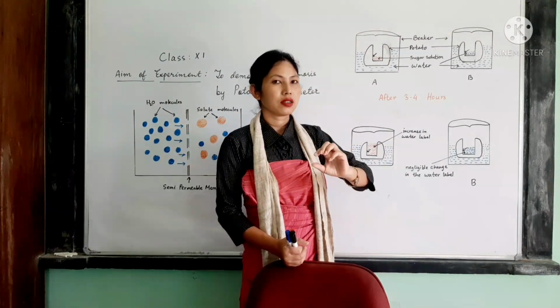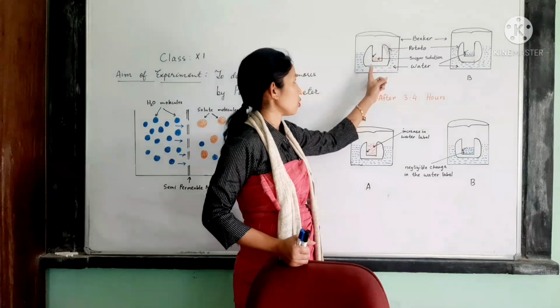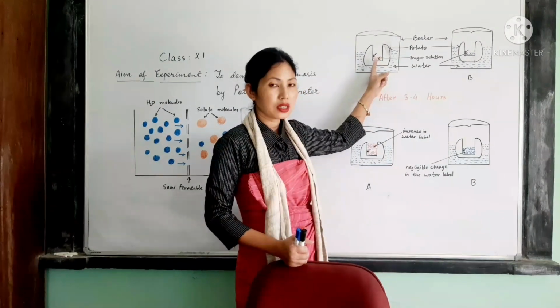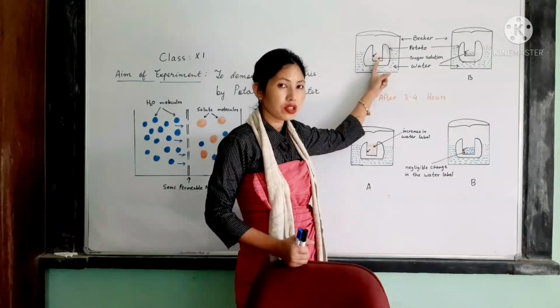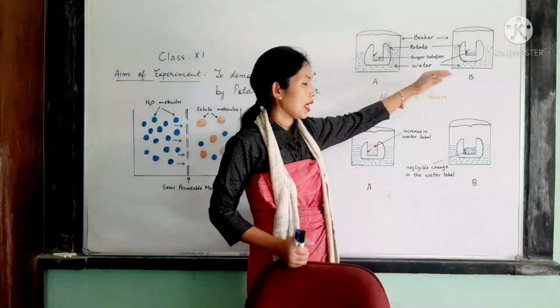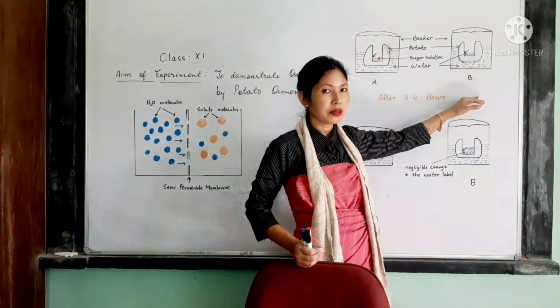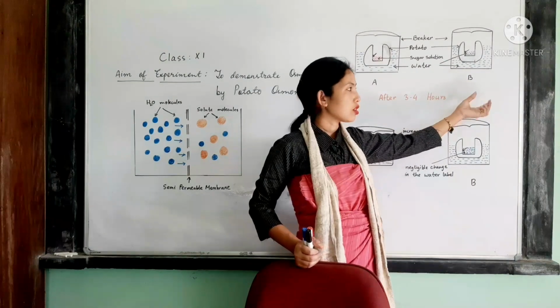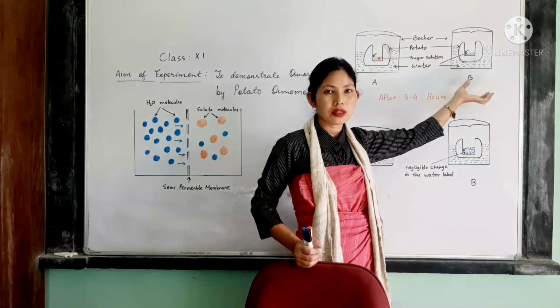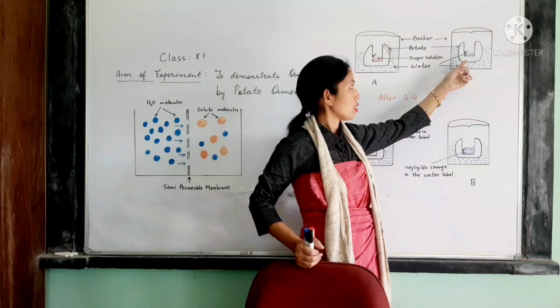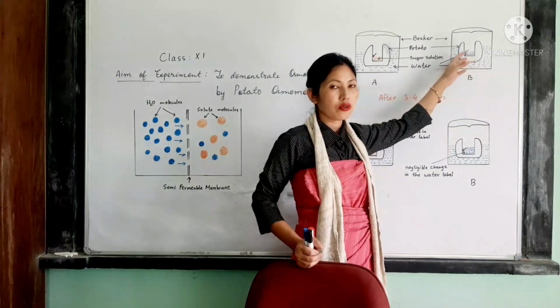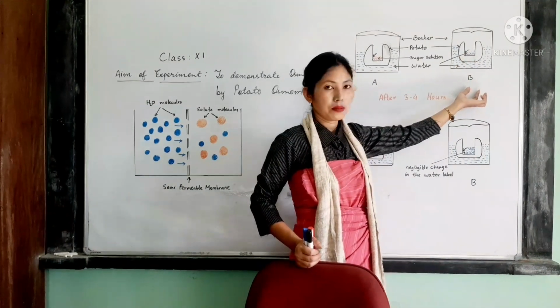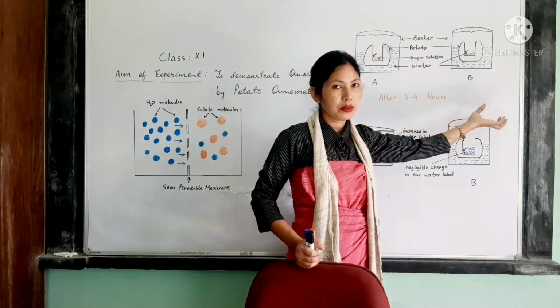We will put that hypertonic sugar solution into the first beaker, beaker A, inside the cavity of the potato. And in the second case, in beaker B, we are going to put water, the same water which we have taken in the beaker, inside the cavity of the potato placed inside beaker B.